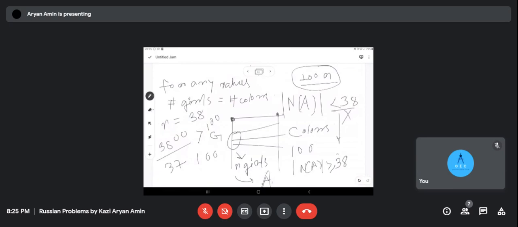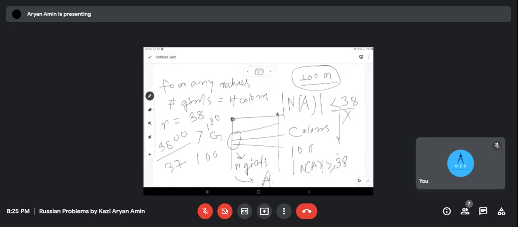So what does that tell you? If you have 100 balls per color, then you can match girls with colors. Like you can pick a girl G and a color C such that the parents of G and C are distinct, and girl G has a ball of color C.